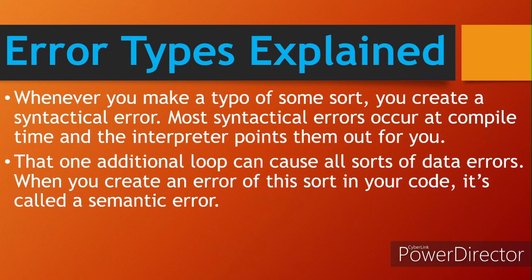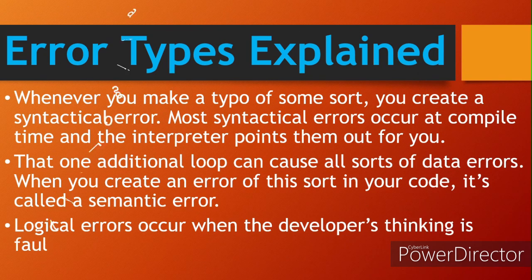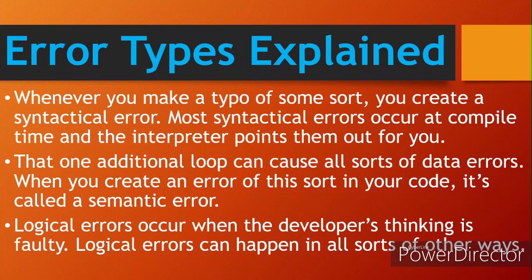Some developers don't create a division between semantic and logical errors, but they are different. A semantic error occurs when the code is essentially correct but the implementation is wrong, such as having a loop execute once too often. Logical errors occur when the developer's thinking is faulty.